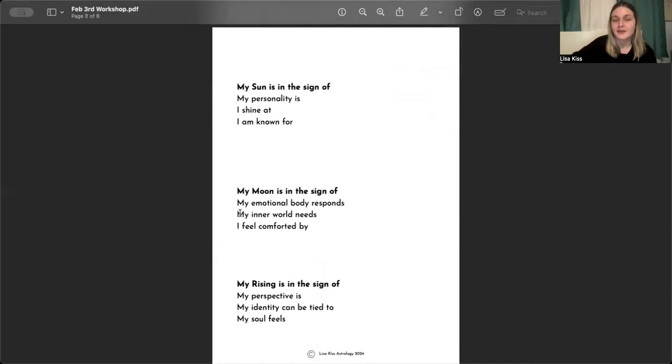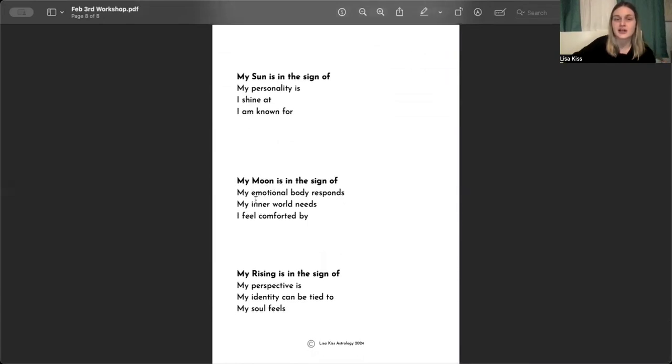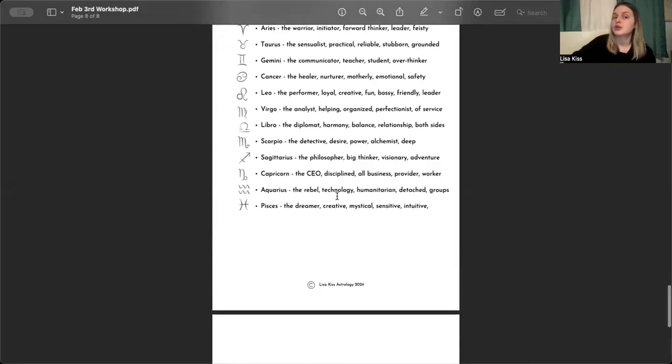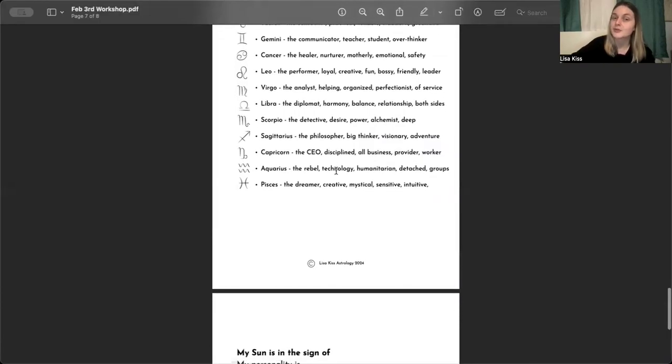So for the moon, I'm just gonna keep doing mine as you do yours. Just keep the flow of things. Put any questions in the chat. So my moon is in the sign of Pisces. So my emotional body responds sensitively or intuitively. You can also change the words a little bit to fit, or creatively.